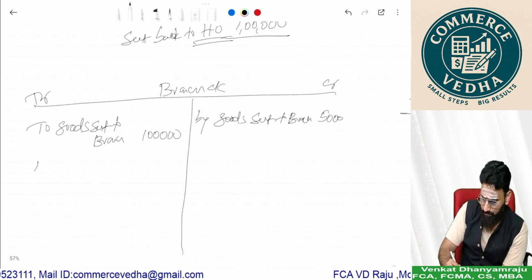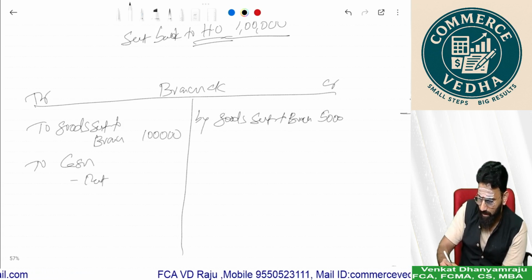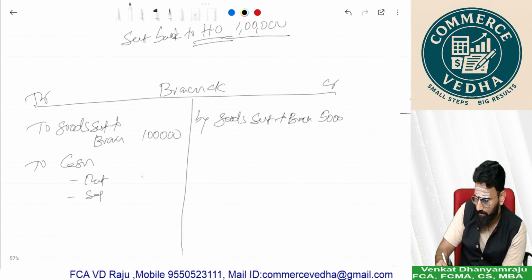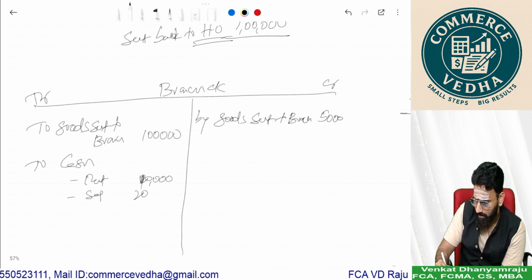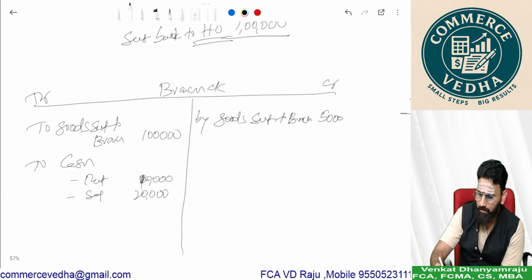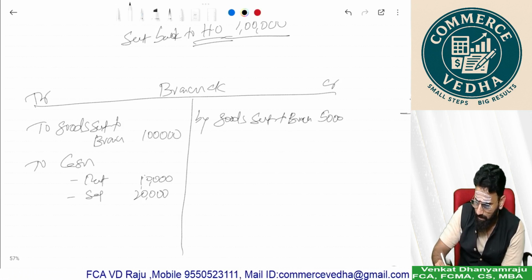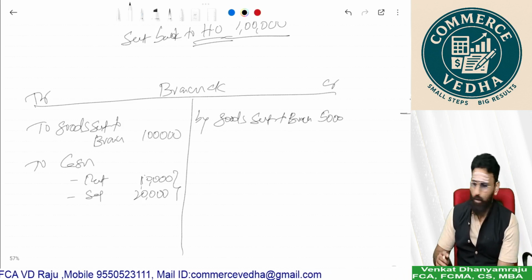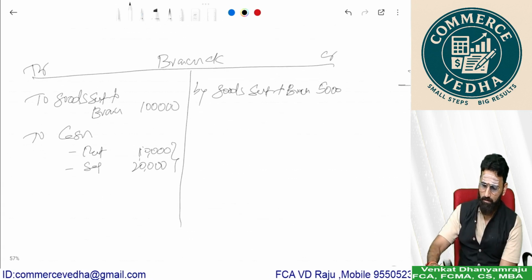Then to cash, received for rent and received for salaries, 10 and 20. You paid the expenses, irrelevant. You don't record in this. It is done.